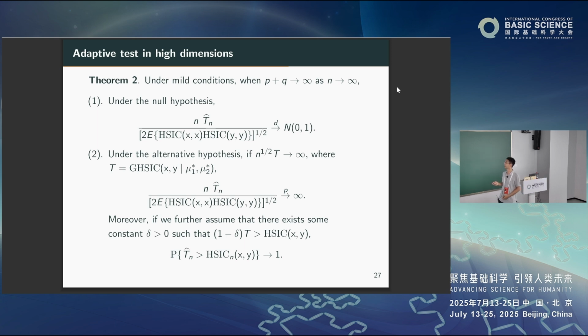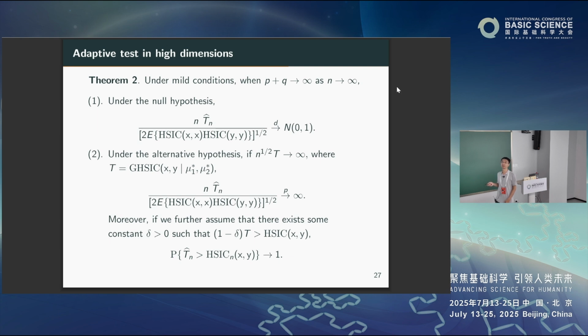Under the alternative hypothesis, under a certain condition on the signal, the scaled version of the test statistic will converge in probability to infinity. Compared with the null hypothesis, if this condition is satisfied, our adaptive test will have power approaching 1.